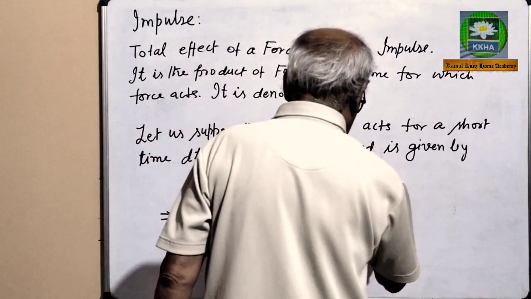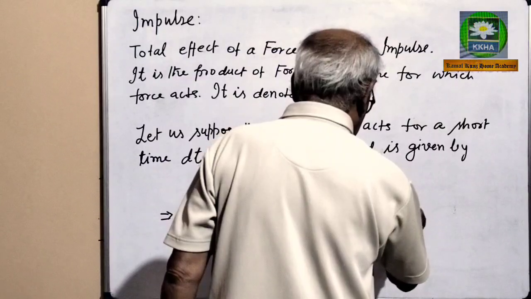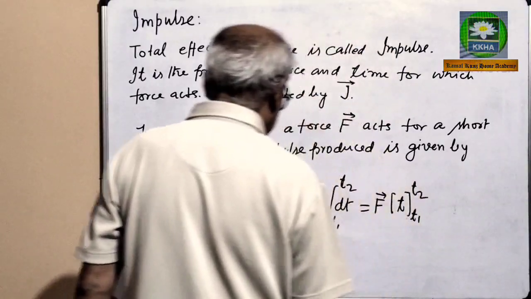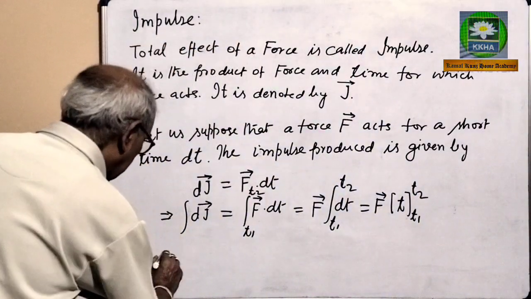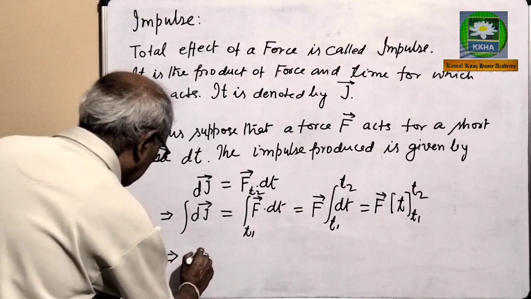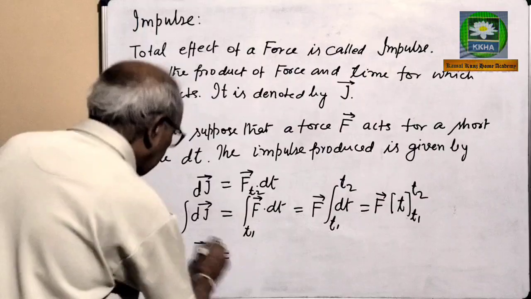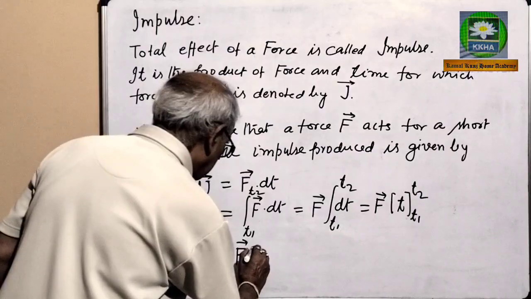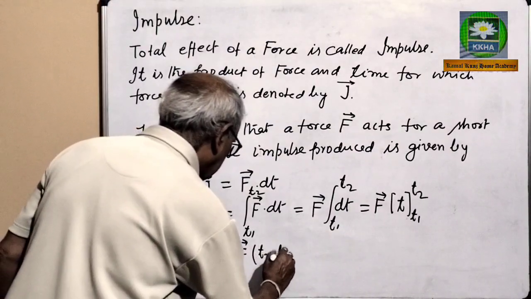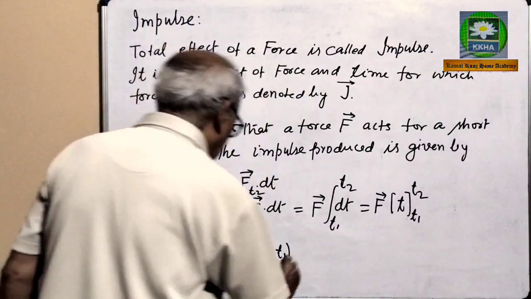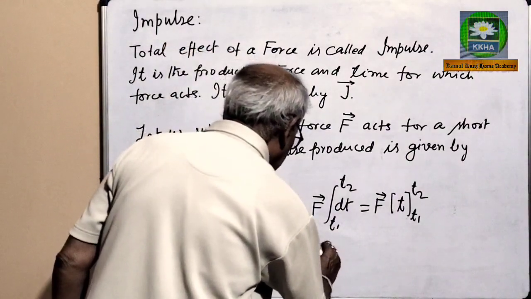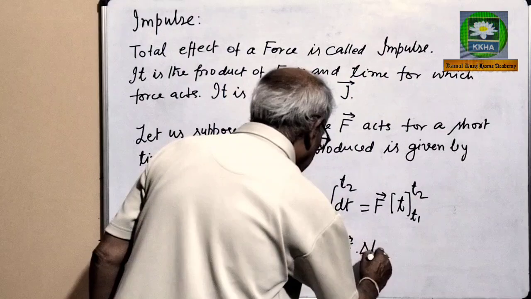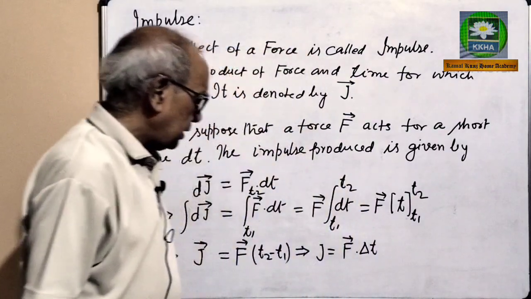This is equal to F times t2 minus t1. This implies that impulse is equal to force into differential time, t2 minus t1.